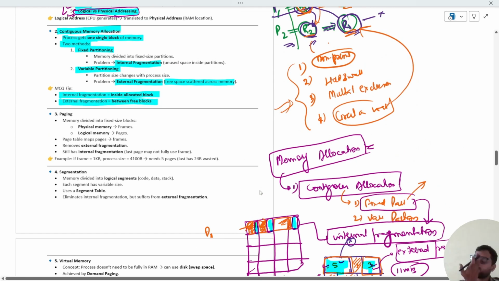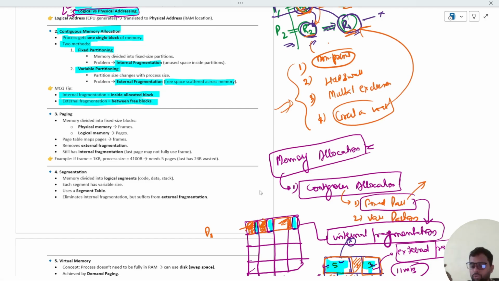Okay. So we have seen that contiguous allocation has a problem, so there is another technique known as paging. In paging, we divide a process into small parts, and each is known as a page.